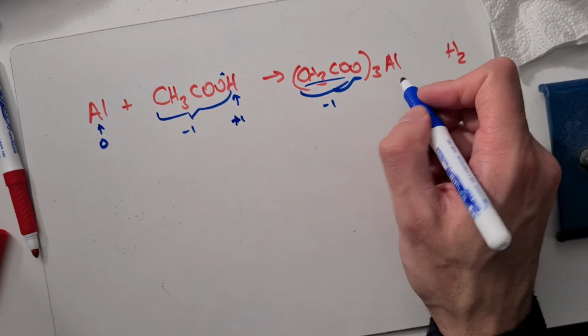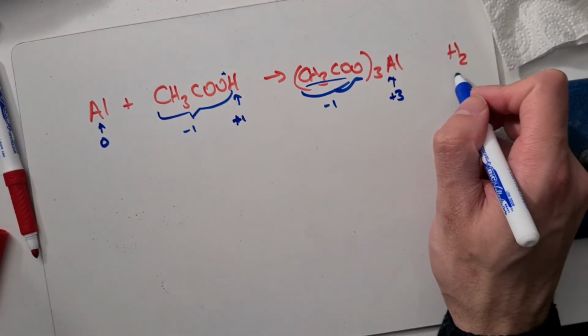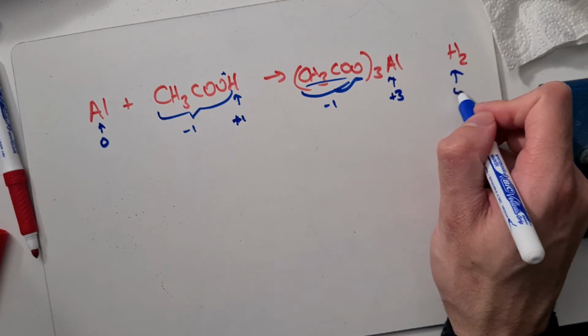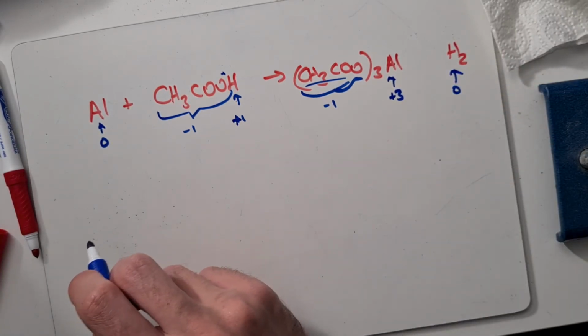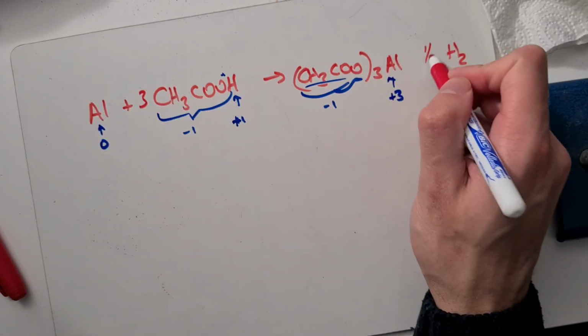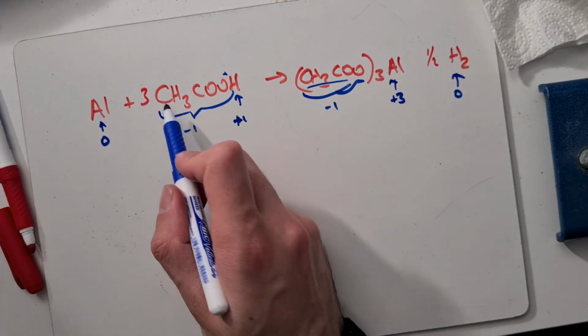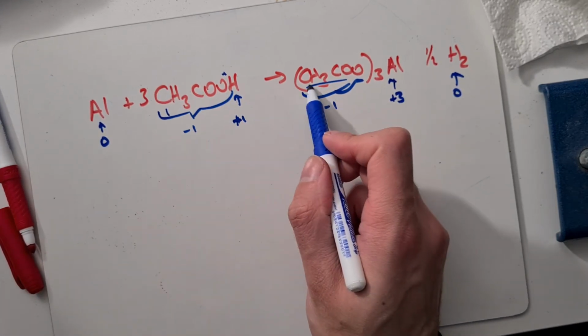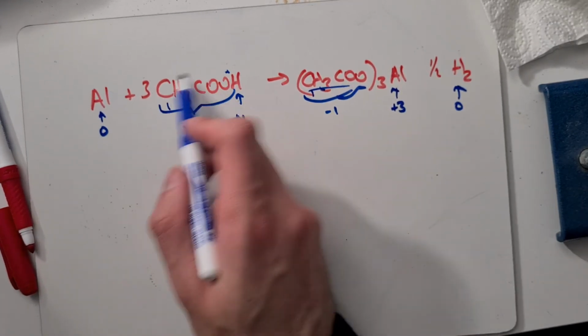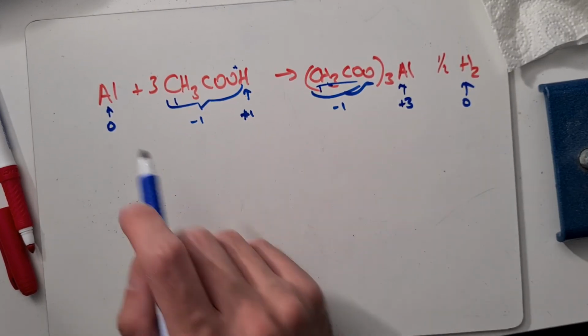On this side, I've then got my aluminium that's +3, and my hydrogen, that is 0, because it's bonded to itself. Even if I put the balancing numbers in here, it doesn't make any difference to the oxidation states. So everything in here is going to be the same over here, which is why I don't have to go into each individual one.